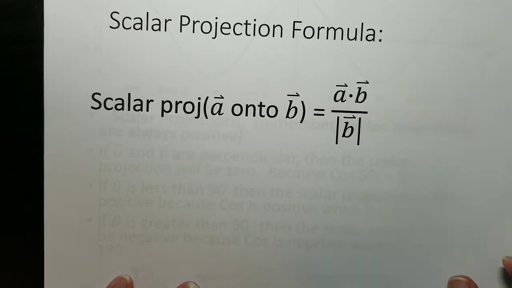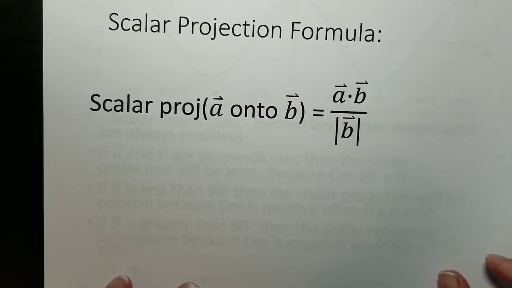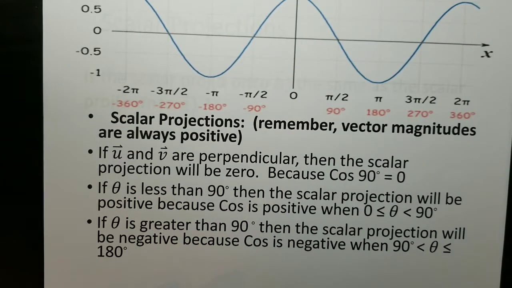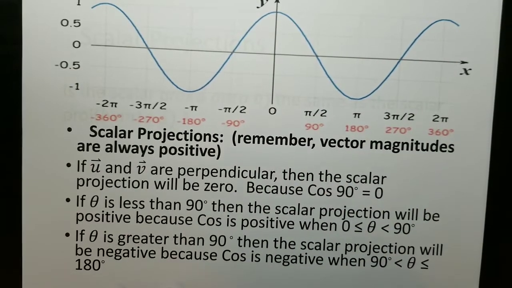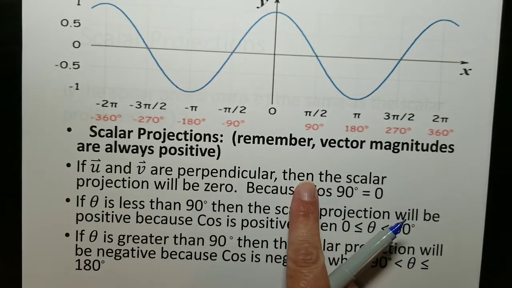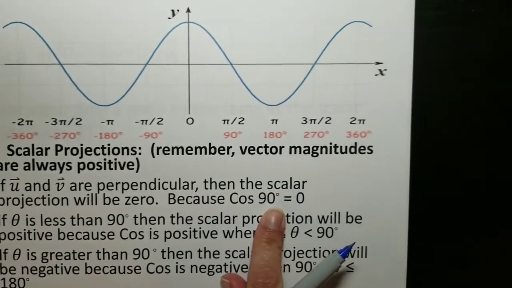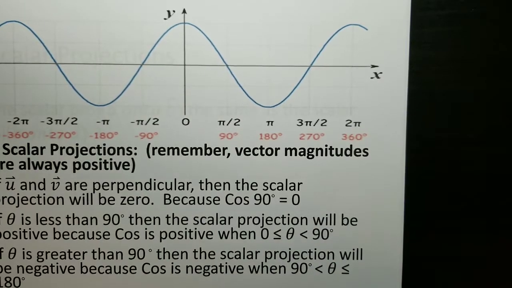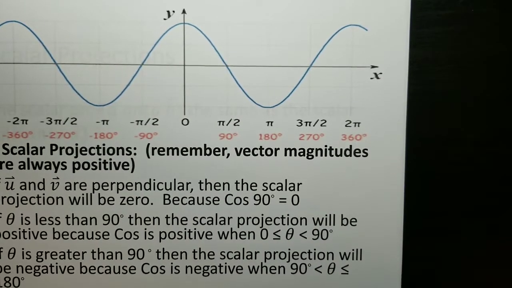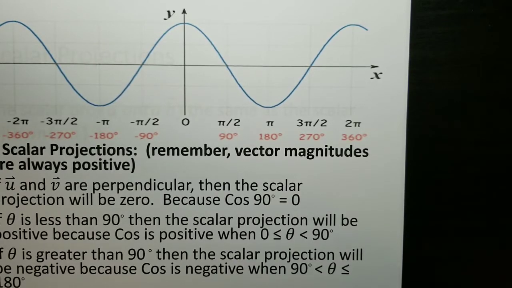Okay. If we were looking at what the scalar projection would be, would it be 0? Would it be positive? Would it be negative? We can look at those cases, and again, I've got this graph of the cosine curve. If the vectors are perpendicular, then the scalar projection is 0, because we know it's magnitude of A times cos theta, or A dot B divided by magnitude of B, and A dot B is 0 if they're perpendicular.